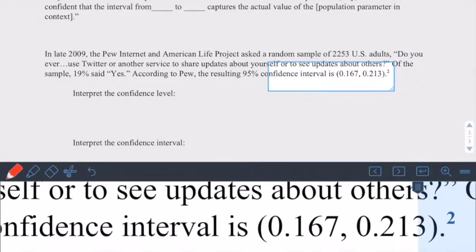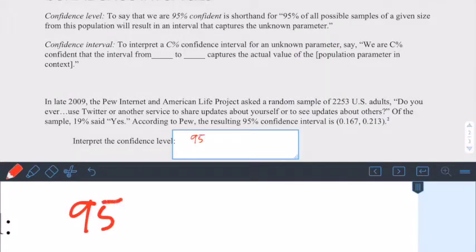So we interpret the confidence level. 95% of all possible samples of size 2,253 will result in an interval that captures the true proportion of people that use Twitter to share updates.